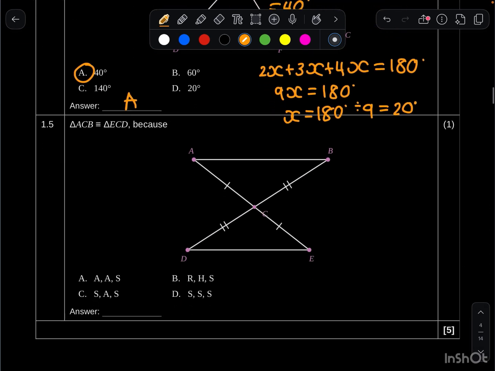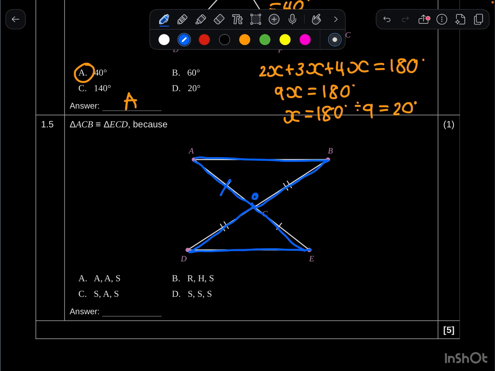1.5. So they tell us triangle ACB, so this top triangle, is congruent to triangle ECD. Okay, so this bottom triangle. So these triangles are congruent because, what we can say is we've got side.